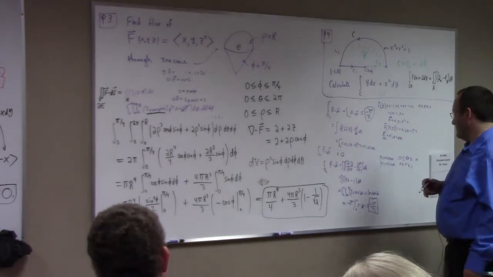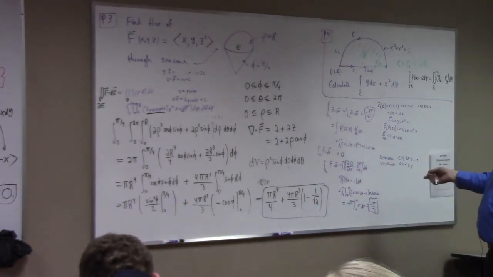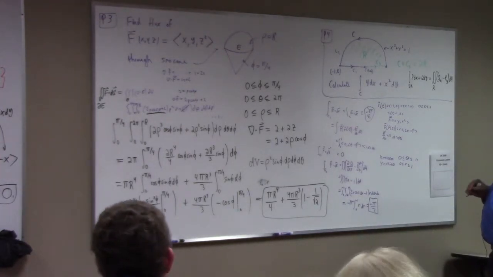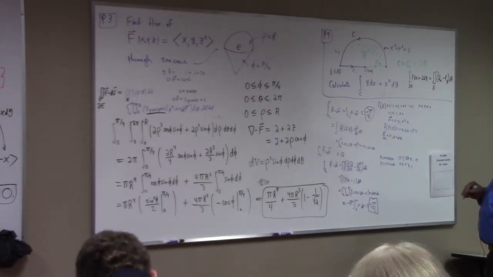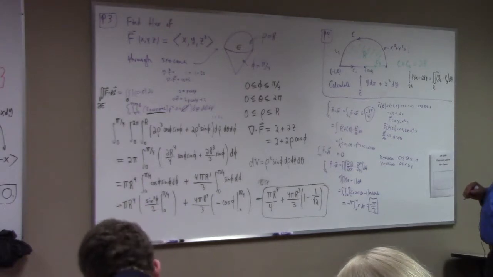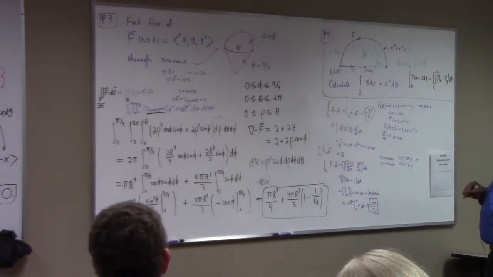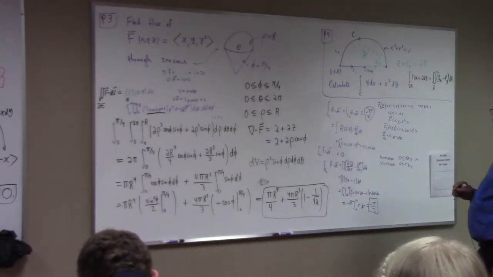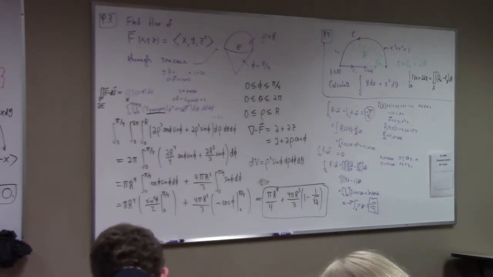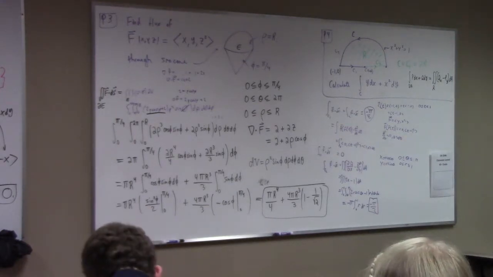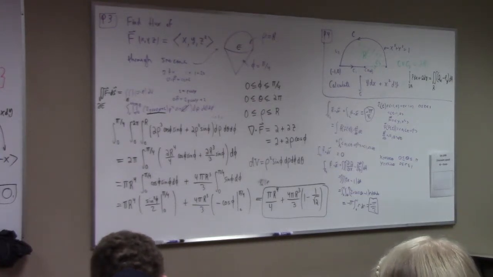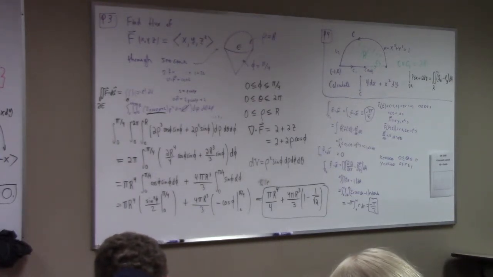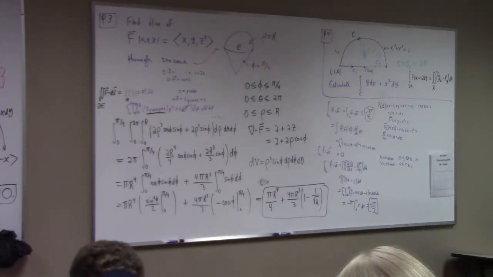So my question, and these might be right, I haven't processed this yet. So what did you guys do? You just parameterized the curves and worked it out? Or did you do what I'm saying? So why should the sum of those integrals be minus pi over 2?